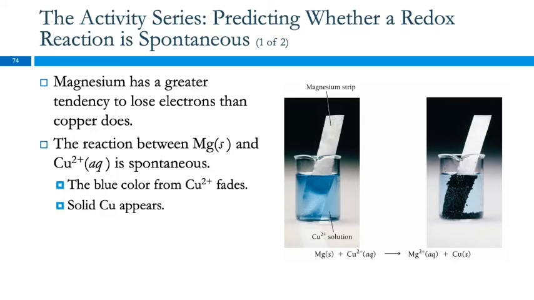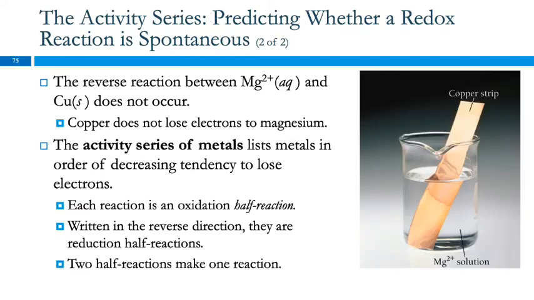So this happens because magnesium has a greater tendency to lose electrons than copper does. The reverse reaction: stick a piece of copper in a solution of magnesium ions. You can wait as long as you want, nothing will happen. The reaction does not go the other way. Copper doesn't lose electrons to magnesium.